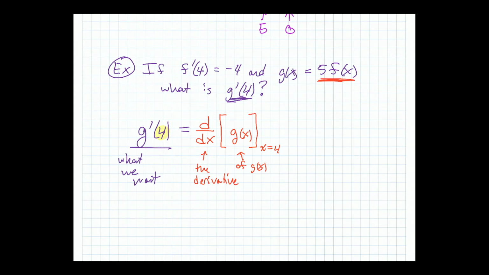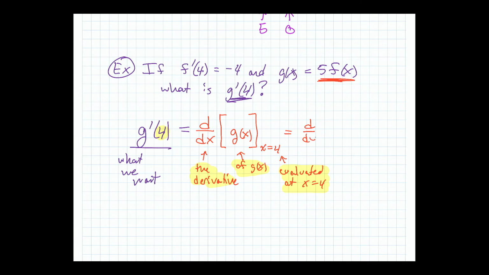So you have the derivative of g, and then this would mean evaluated at x equals 4. That notation is understandable, and I understand this is the first time you're seeing it, but this is how we can do it.